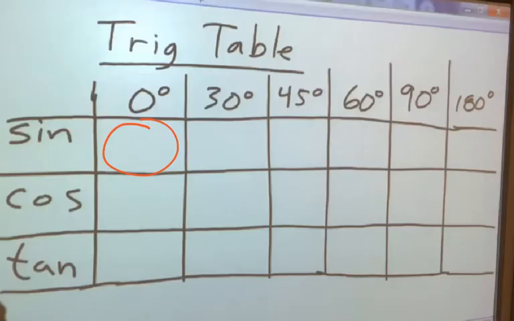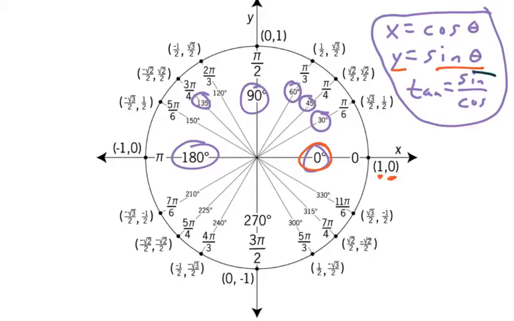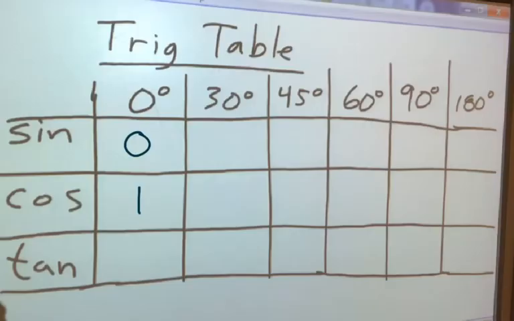So, I know that the sine of 0 is 0, and the cosine of 0 degrees is 1. Now, the tangent, you see, is always the sine divided by the cosine. So if I just took 0 divided by 1, it's 0. So the tangent of 0 degrees is also 0.